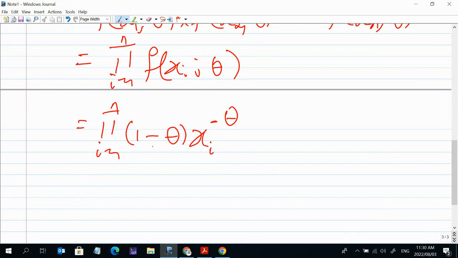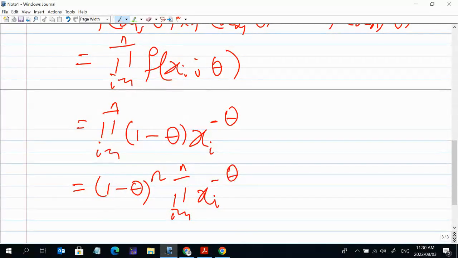We are multiplying this n times. So this is going to be (1 minus theta) to the power n, because we are multiplying this constant n times, so it's the constant to the power n. And the other part will be the product of xi to the power minus theta.